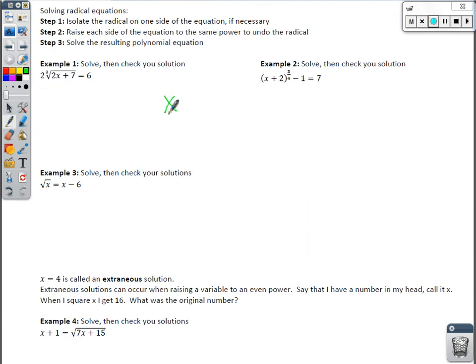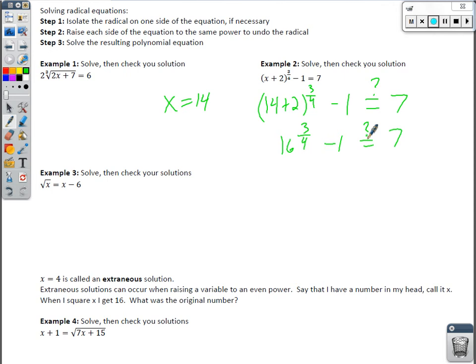So we had x equals 14 was what we just found. Let's plug it back in and make sure that we get a true statement. So 14 plus 2 to the 3/4 minus 1, we're going to see if that equals 7. So this is 16 to the 3/4 minus 1 potentially equals 7. 16 to the 3/4, that's the same as the 4th root of 16 to the 3rd.